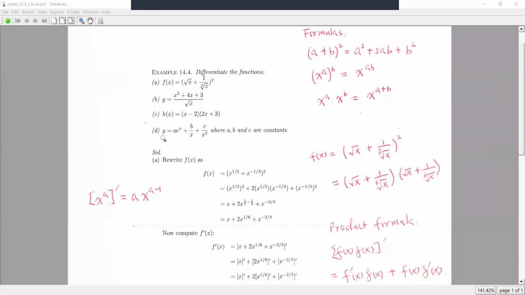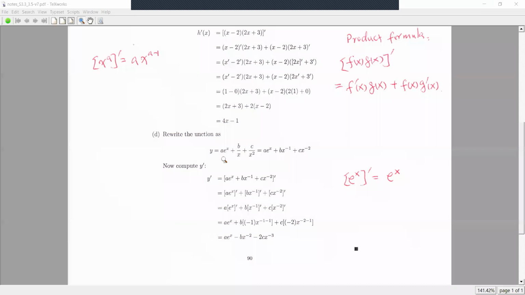Part D. In this function, A, B, and C are constants. They are some numbers. Before I compute the derivative, I write the second term and the third term in powers. B over x is B times x to negative 1. C over x squared is C times x to negative 2.